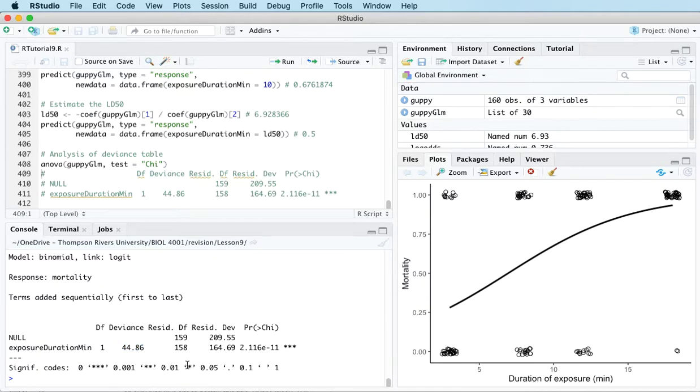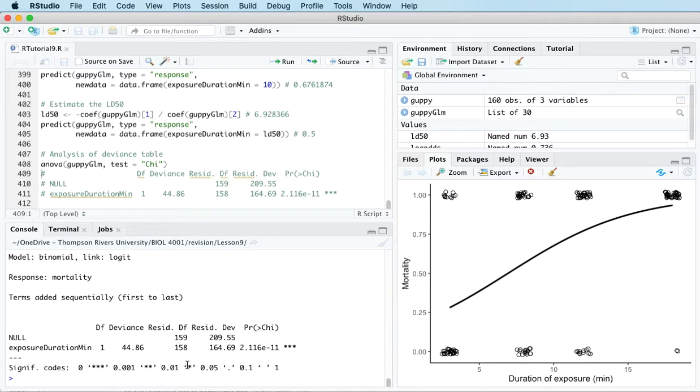So we're doing a hypothesis test here, so I'm going to lay out the 4 steps. Step 1 is to state the null and the alternative hypotheses. The null hypothesis is that the regression parameter that multiplies the predictor variable is 0 in the population, versus the alternative hypothesis that that regression parameter is not equal to 0.